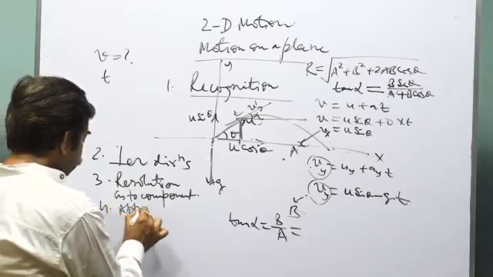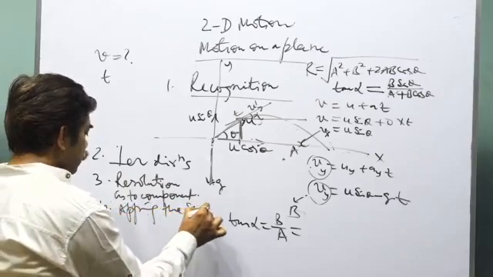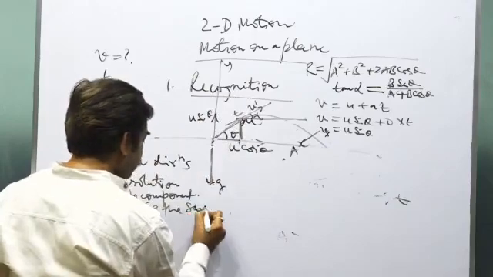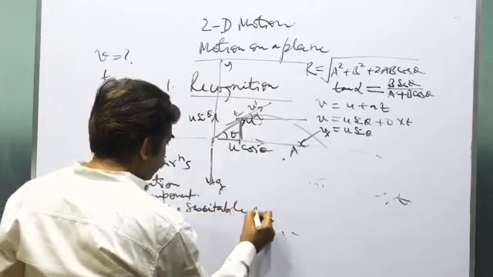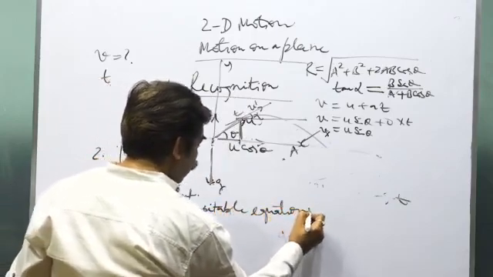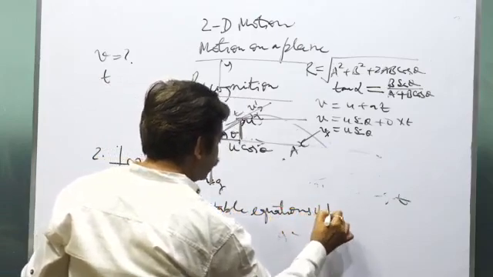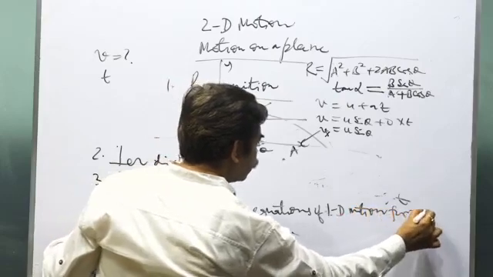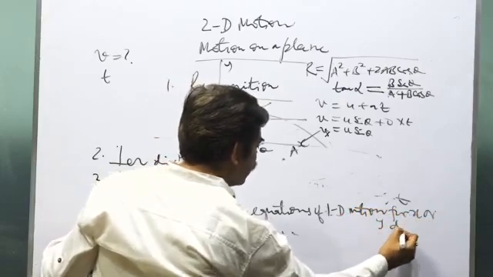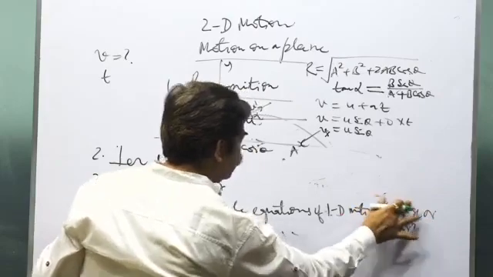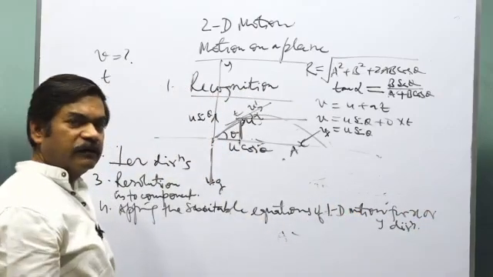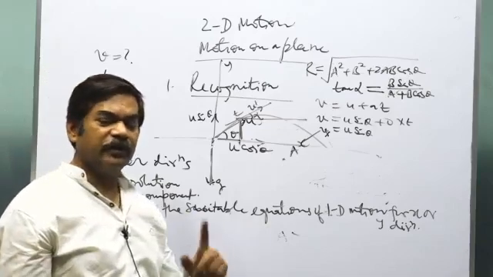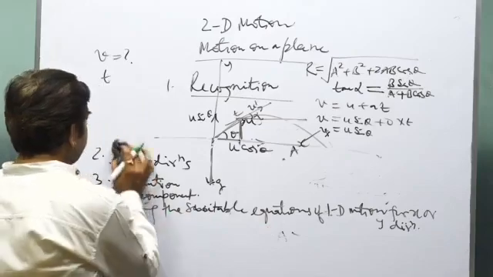Applying suitable equations of 1D motion for the x or y direction. Whatever information you seek, for that you'll have to apply a certain equation for the x or for the y, and the time parameter in the two will be the same.